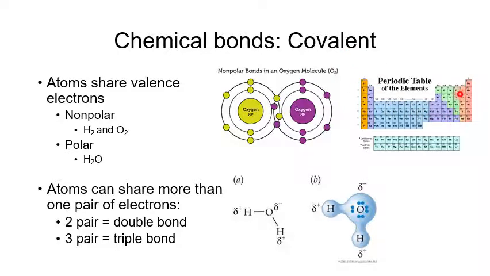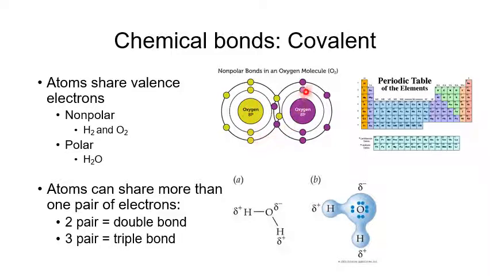But for oxygen, how many electrons does an oxygen atom need to gain to become similar to neon here, at least electron-wise? How many electrons does it need to fill this shell? 2. So oxygen is going to share 2 electrons with another oxygen atom.